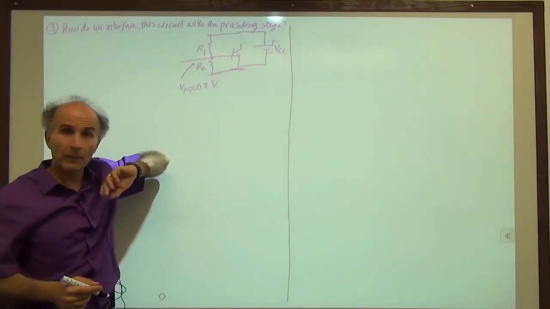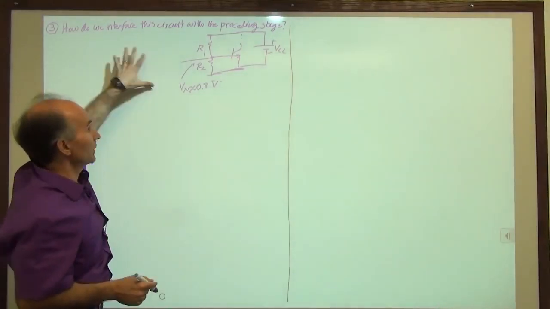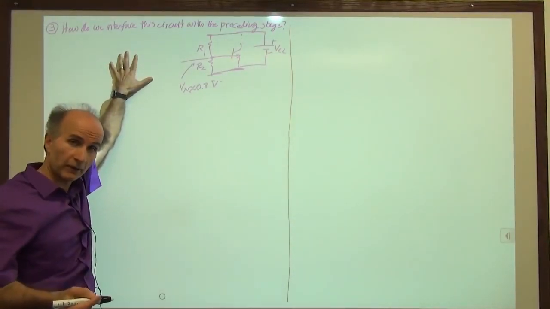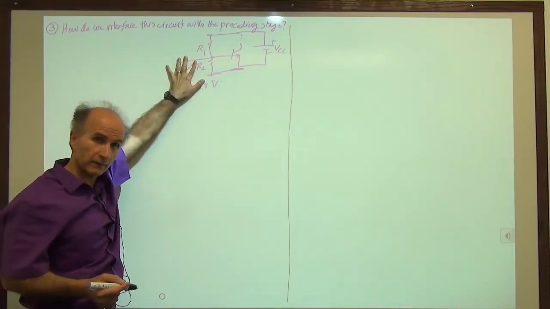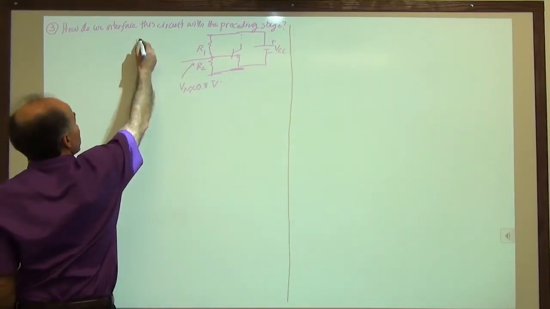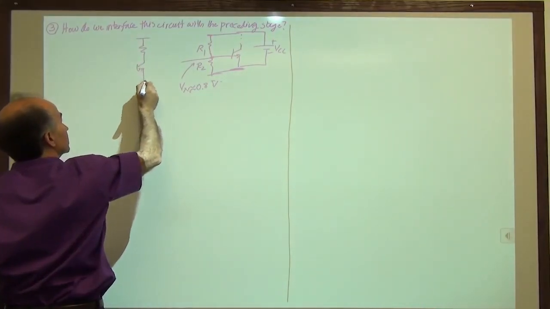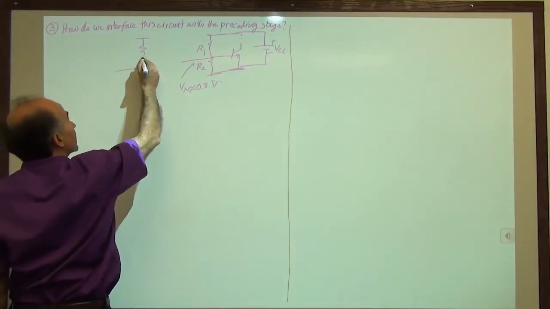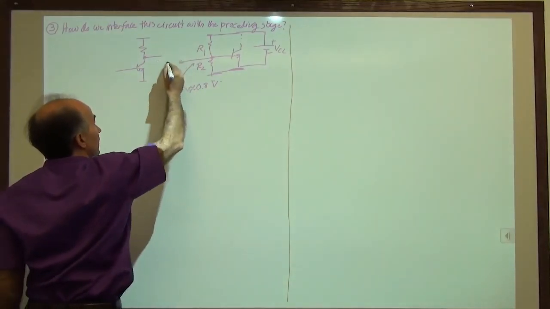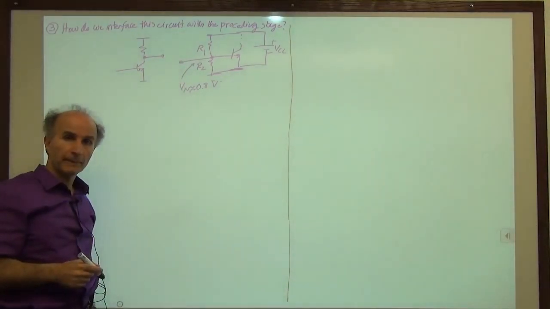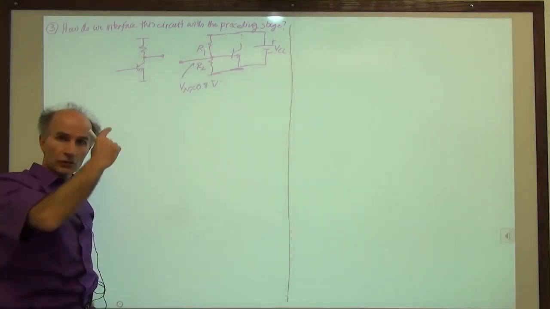It's good. But now I have another circuit before this. Maybe another amplifier. And I need to connect them together. So here's another amplifier, maybe another common emitter stage, right? Like this. And the question is, how do we connect these 2 points? Can I just short them together?